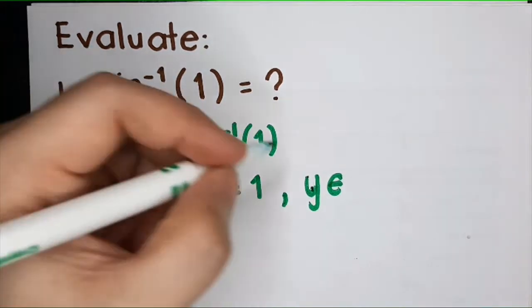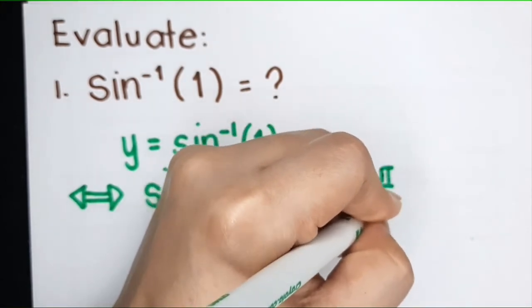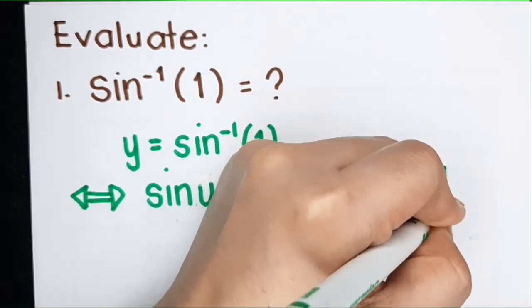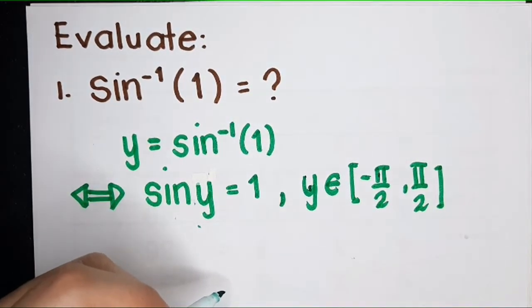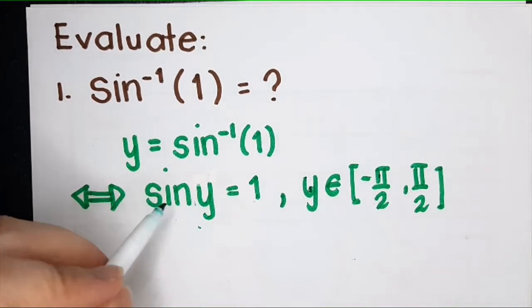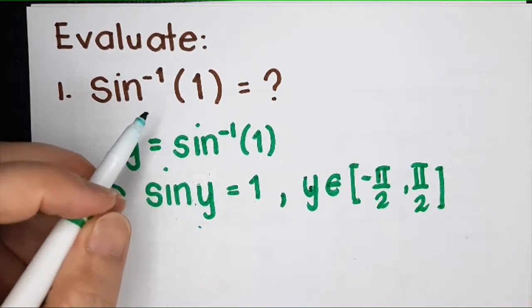What is the range of inverse sine? It is negative pi over 2 to pi over 2. Okay? Dapat nandyan yung angle measure na makukuha natin. Saan nga ba nagwo-1 yung sine? Anong value or anong angle measure ni y?